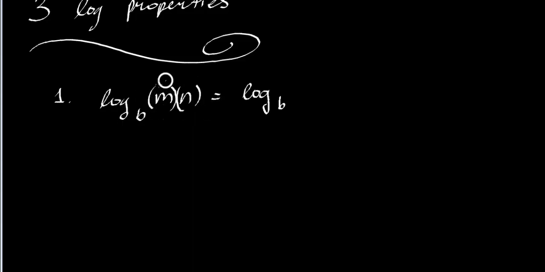So you're splitting it up. You're taking one of the things, which is the m, plus the other. You have to add it. When you're multiplying, if you want to open it up, you add the two separate pieces.